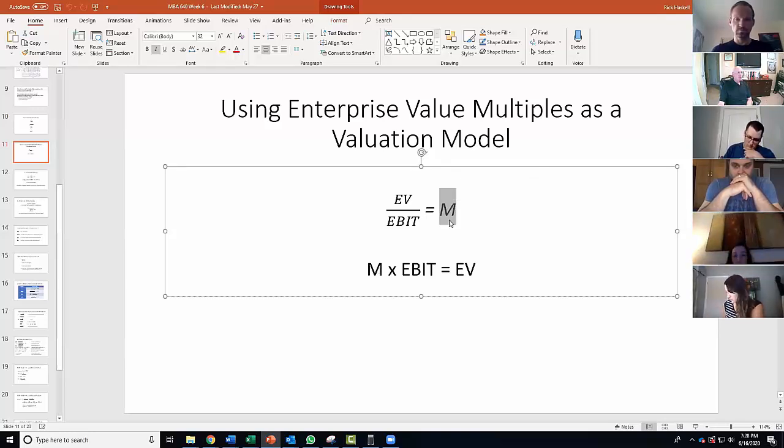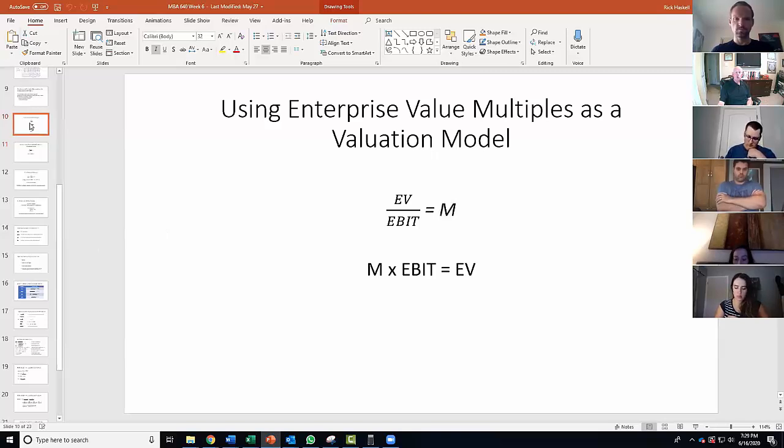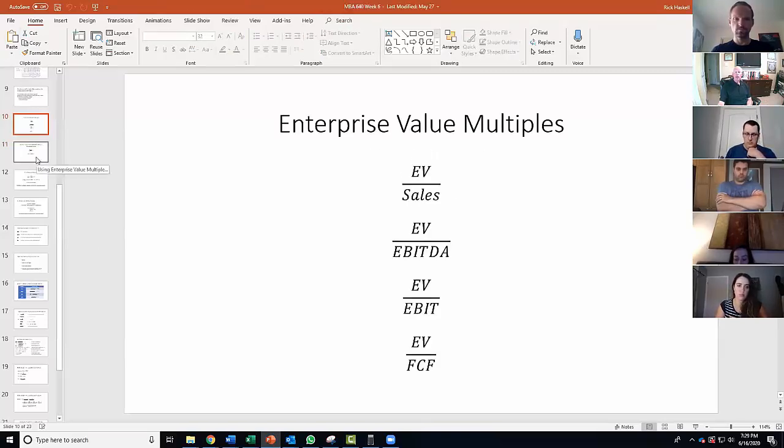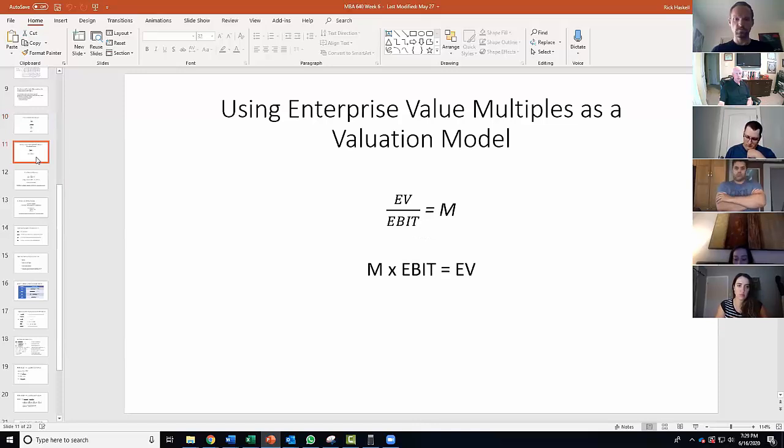If we know what the ratio should be, and we apply it to a future period's EBIT, we know what the value of the asset should be based upon its future EBIT. And EBIT is one of our cash flow inputs, isn't it? So we go from using a multiple and we turn it into a model by just rearranging it.